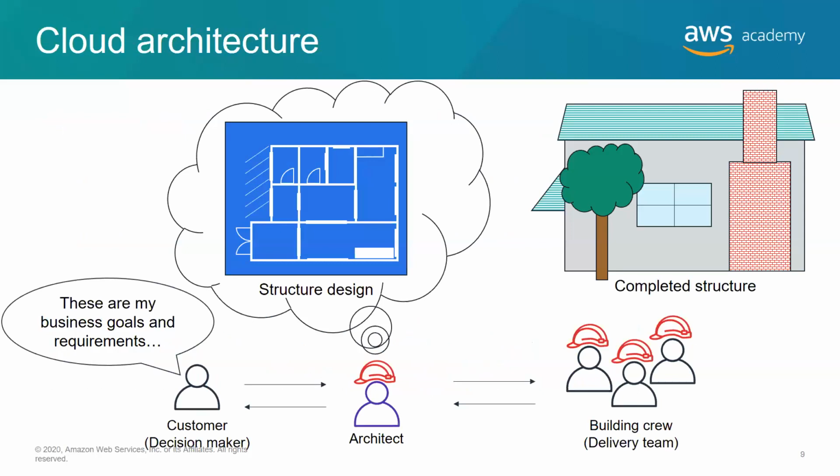The stakeholders and decision makers, like the customer, have their business goals and requirements, and they call in the architect and give the requirements. The architect creates the architecture design, and the crew and delivery team build it, so that the complete structure is created.